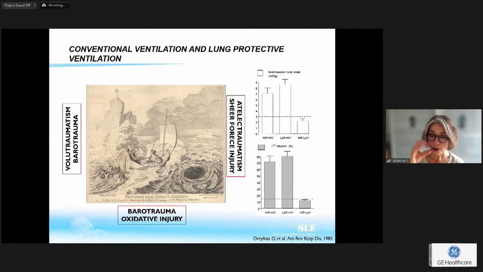The problem that we face with those alveoli opening up is that they don't gently open up. They burst open. And when they burst open, they will generate a lot of inflammation and injury and a lot of release of chemical substances, which will be injurious for the lung.